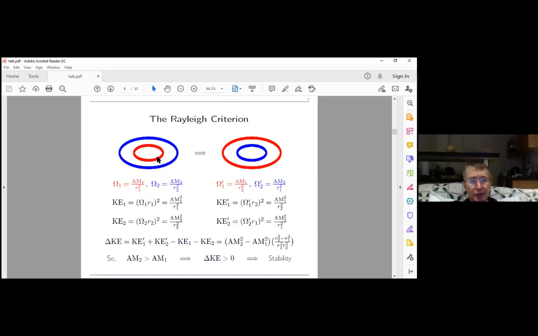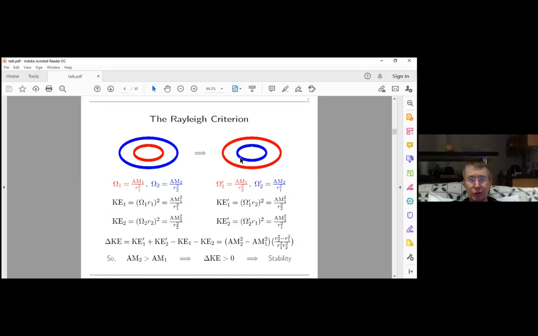So the red one has a radius of R1, and it has, let's say, angular momentum AM1. And similarly, the blue one is at radius R2, and it has angular momentum AM2. So then the angular velocities will be omega 1 and omega 2. Now, suppose we want to do this sort of fluid interchange here, where we have these two rings just swapping places.